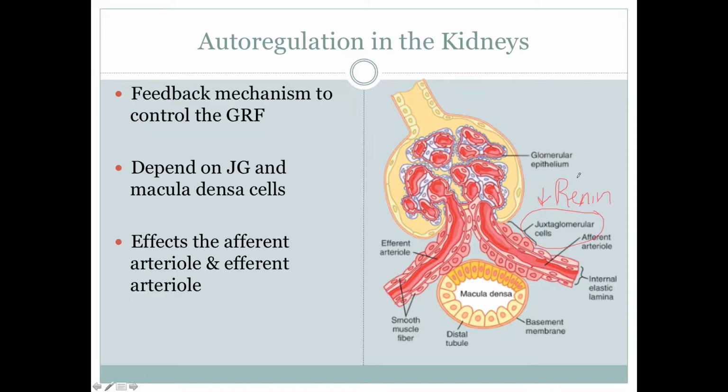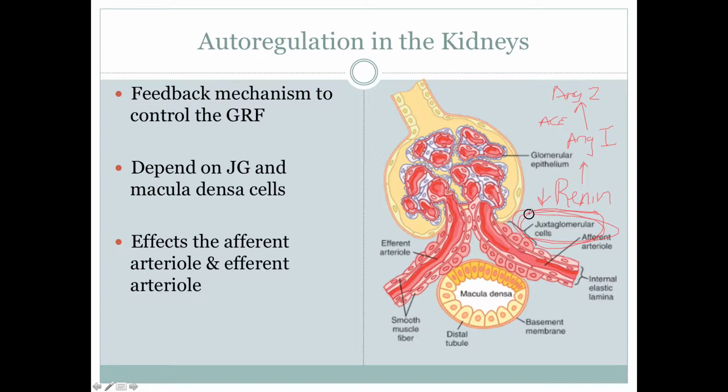So renin cleaves angiotensinogen into Ang1, which is then cleaved by angiotensin converting enzyme, ACE, into Ang2. And that's going to raise the systemic blood pressure. So that's the juxtaglomerular cell's job.